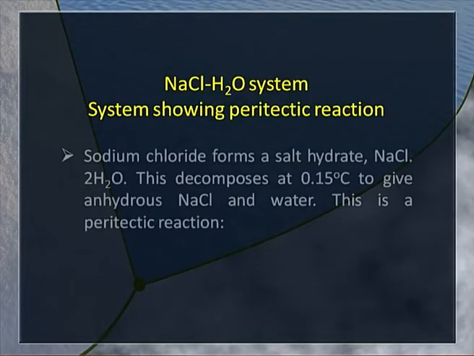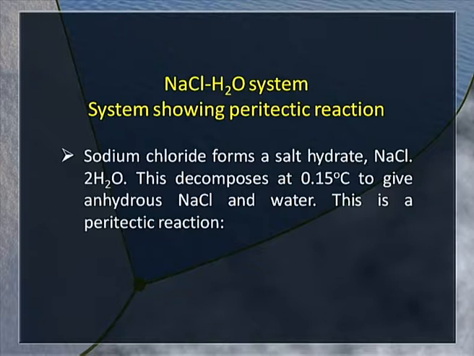In this case, sodium chloride forms a salt hydrate, NaCl·2H2O. It is a dihydrate. It decomposes at a temperature slightly higher than the freezing point of water, at 0.15 degree centigrade, to give anhydrous sodium chloride and water.